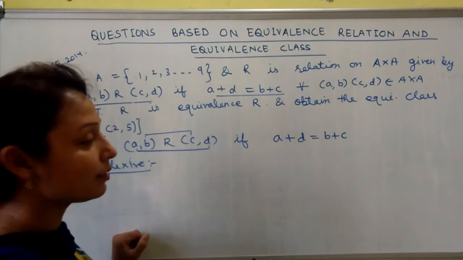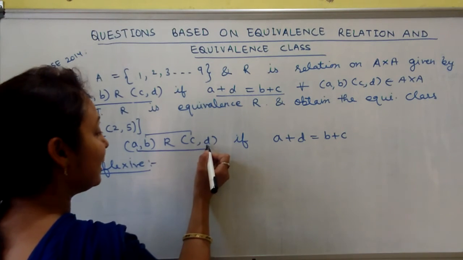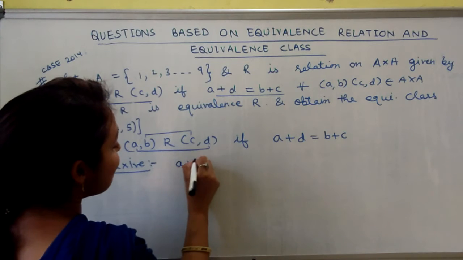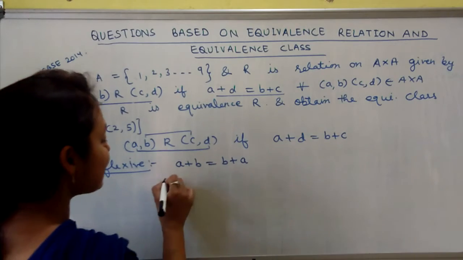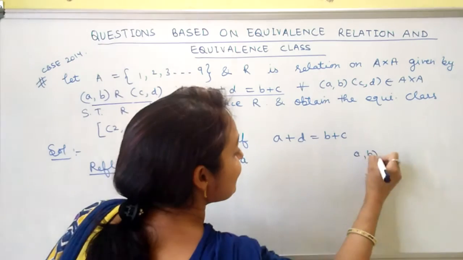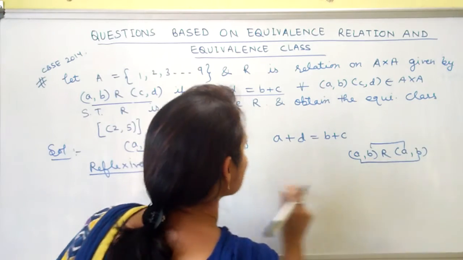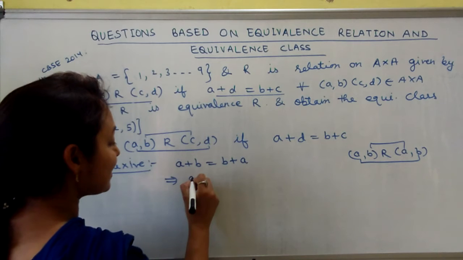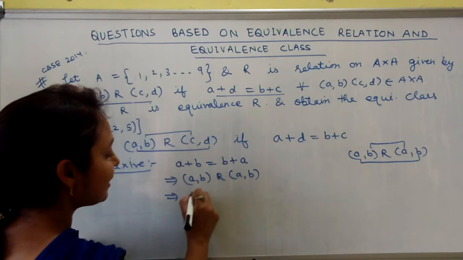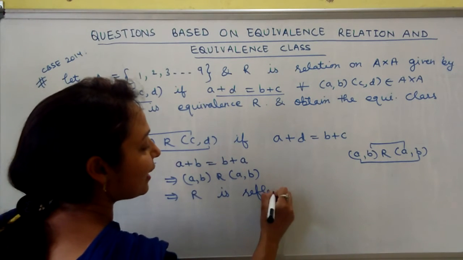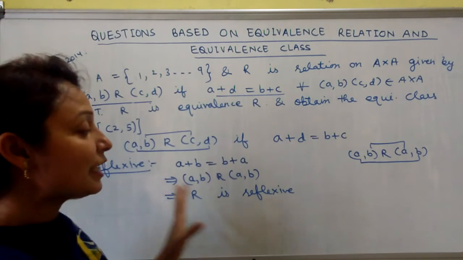I want to show (a, b) related to (a, b). So a plus b equals b plus a. Is it right? Yes. If (a, b) is related to (a, b), the sum of these two equals the sum of these two. Yes, both are equal. That means (a, b) related to (a, b), and R is reflexive. Okay, the same related to the same makes the relation reflexive.